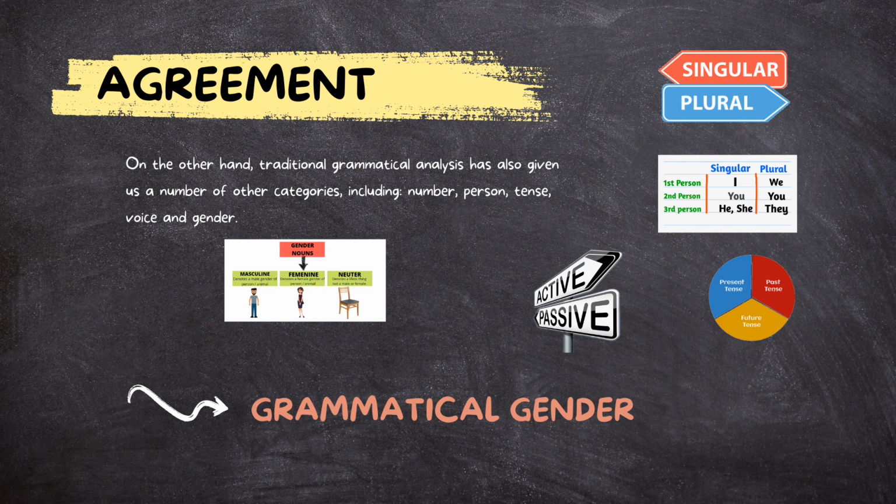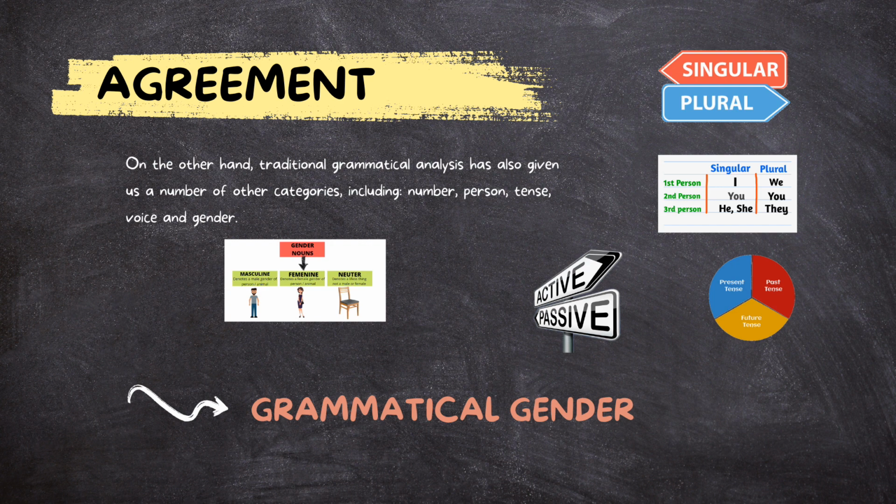In addition to the terms used for the parts of speech, traditional grammatical analysis has also given us a number of other categories, including number, person, tense, voice, and gender.